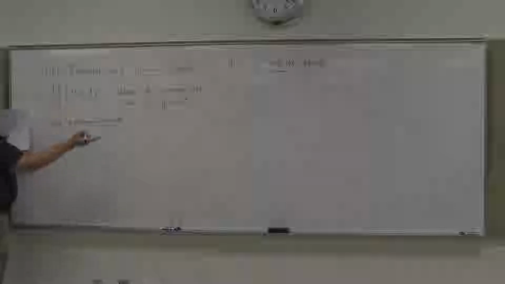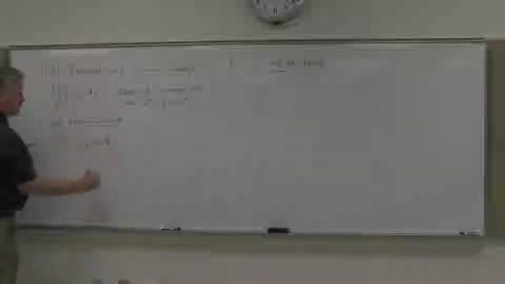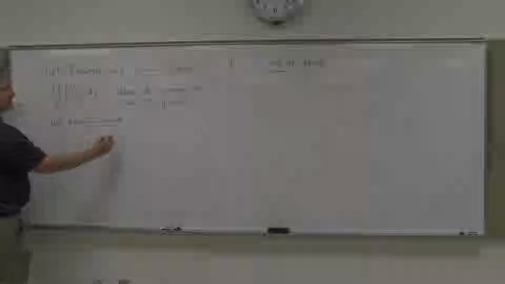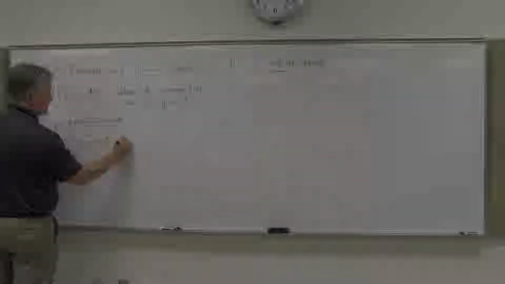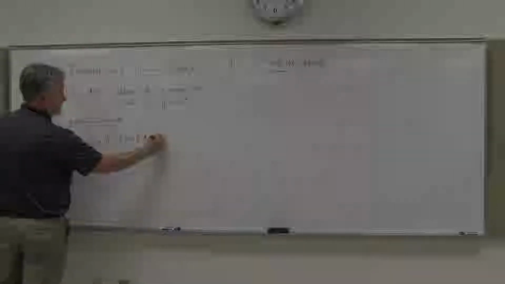So here we will have 16 and z, remember z is rho cosine phi, and then dV is rho squared sine phi d rho d theta d phi.